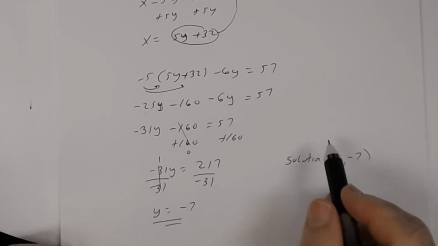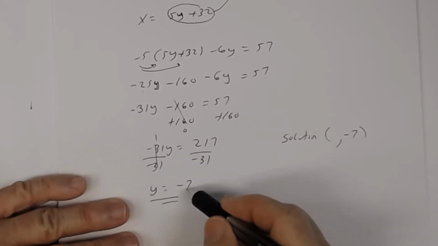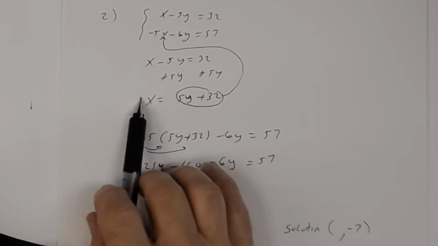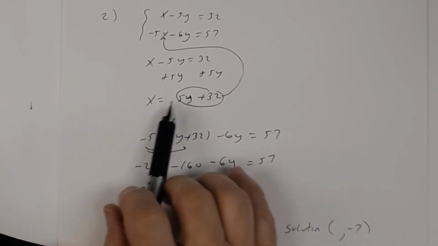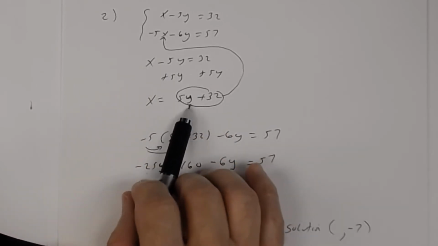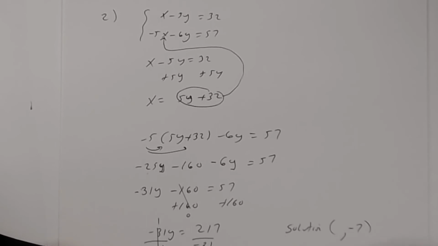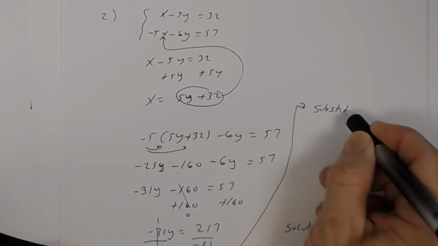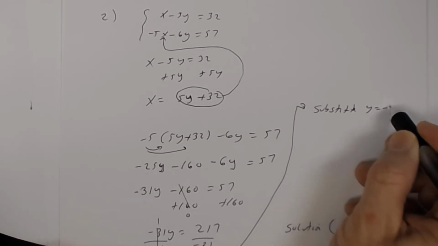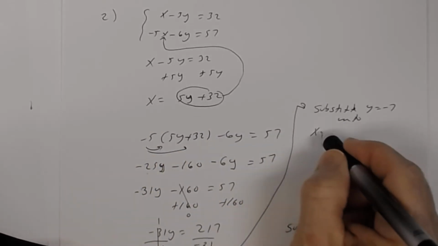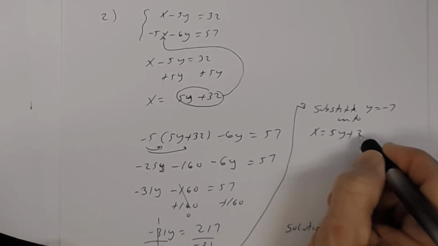Now I got to find x. So to find x, you're going to take negative 7, and let's go ahead and use our step 1 right here, because we're trying to find x. So assuming I did the algebra correctly, let's go ahead and use what we have here. So now we're going to substitute y equal negative 7 into x equal 5y plus 32.